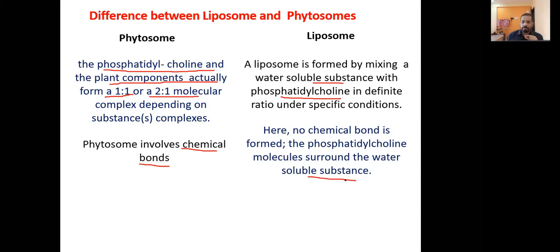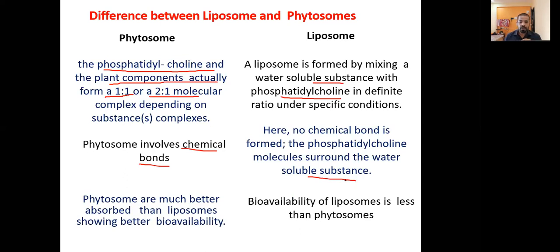Chemical bonds are formed, and that is why those flavonoids get embedded at the top head of the lipid bilayer membrane. While in the case of the liposome, no chemical bonding is formed. Therefore, molecules of the herbal drug directly get inside the cavity.